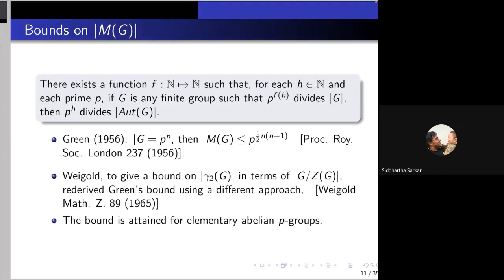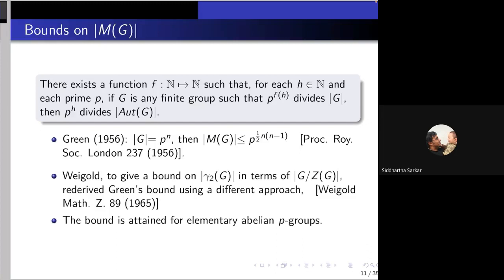So let's talk about the bounds on the order of the Schur multiplier. Where did it begin? It was Green who gave a bound for the Schur multiplier in terms of the order of the group.